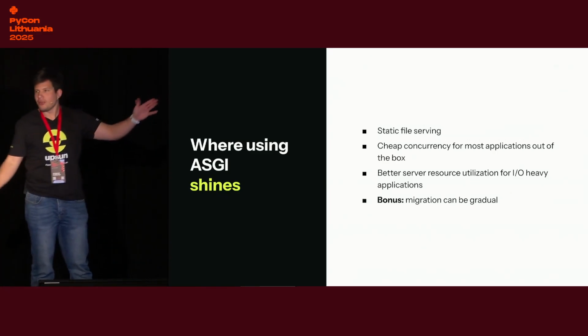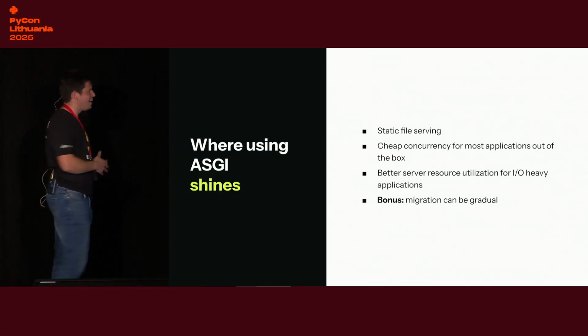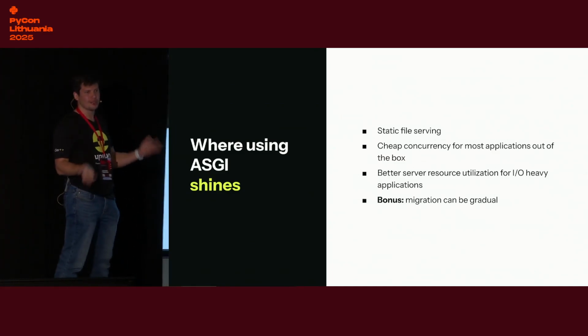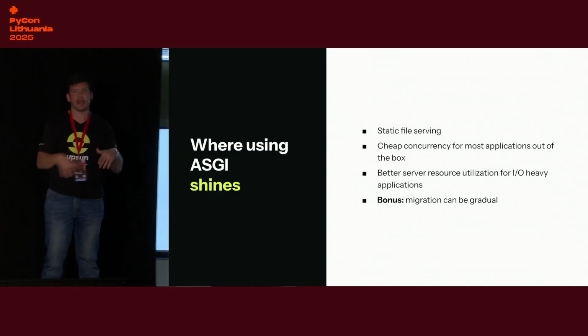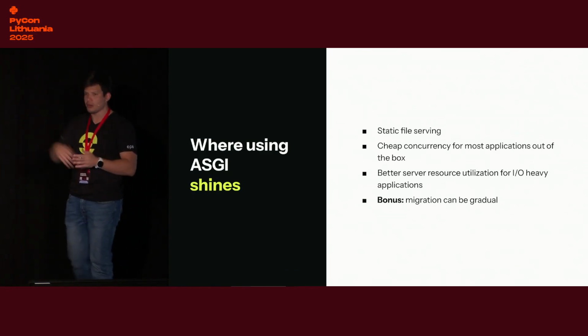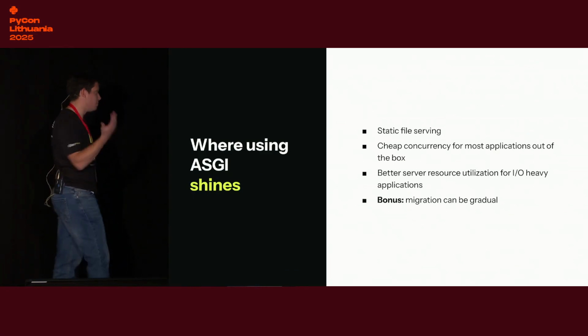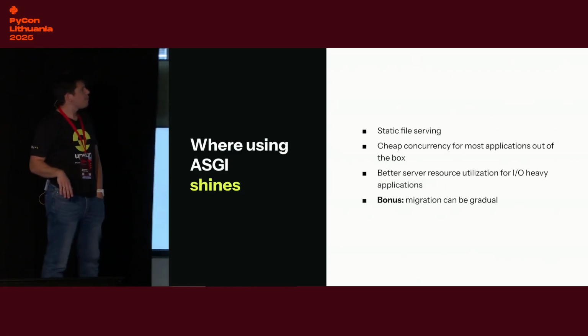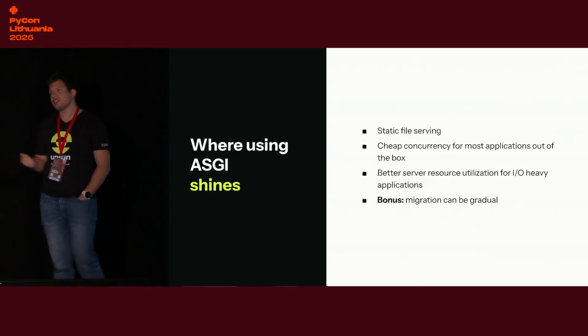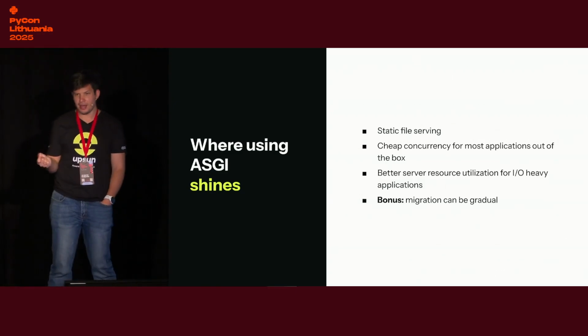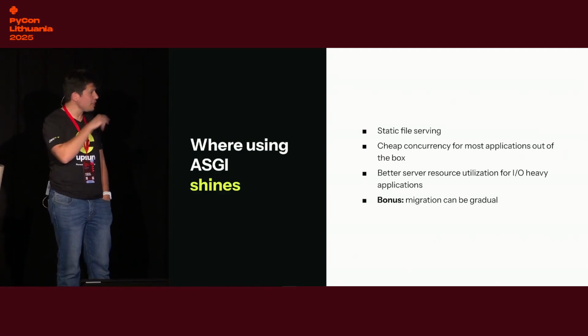And static files were not a good idea to use those requests for. Now you can have static file serving without caring about having a CDN or whatever in front of your Django application. It's fine. You can have very cheap concurrency, although you have to be careful with database connections.